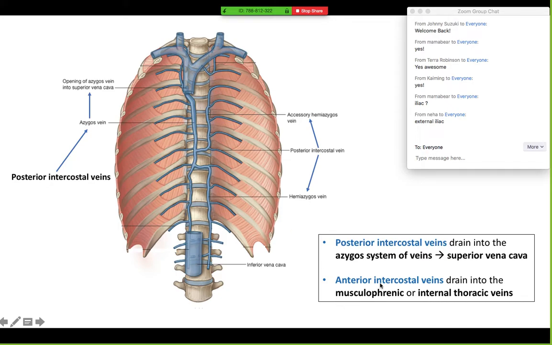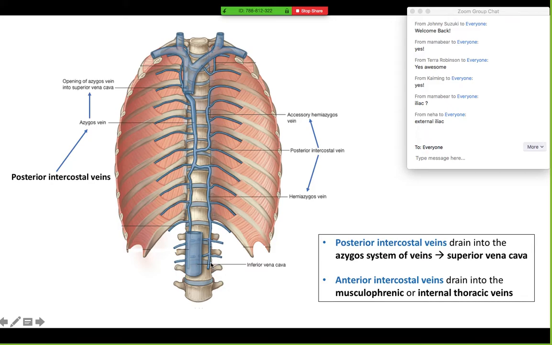And then the anterior intercostal veins drain into the musculophrenic vein or the internal thoracic vein. Remember that your azygous vein is over here on the right, and then you have a hemiazygous and an accessory hemiazygous in some people.